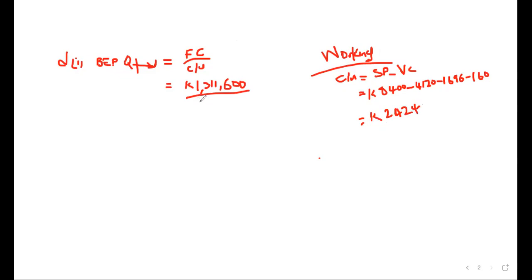So we divide the fixed costs by this contribution per unit, 2,424. So this is going to give us how much? We divide that into that.